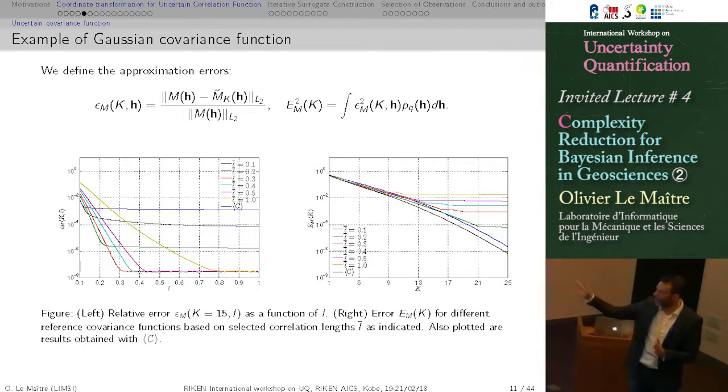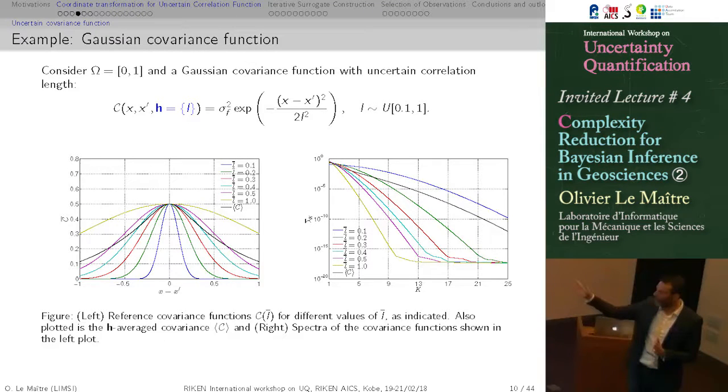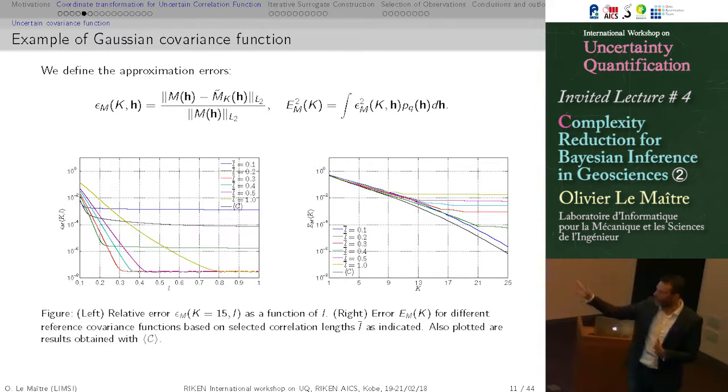Now, we can do this change of variables by considering different reference bases that can correspond to a particular value of the correlation length that you use as a reference basis, or the space spanned by the eigenmodes of the average covariance.